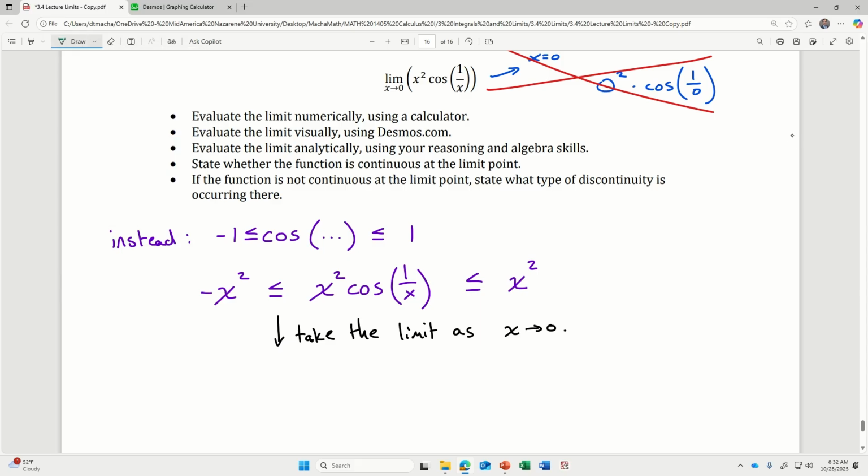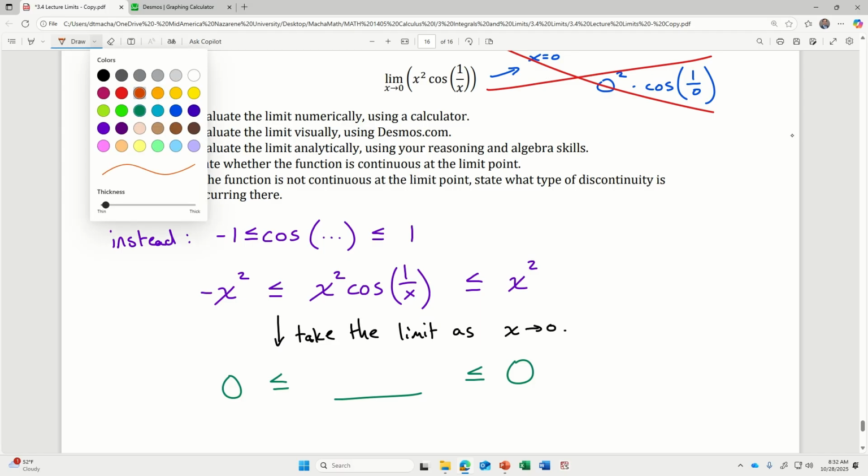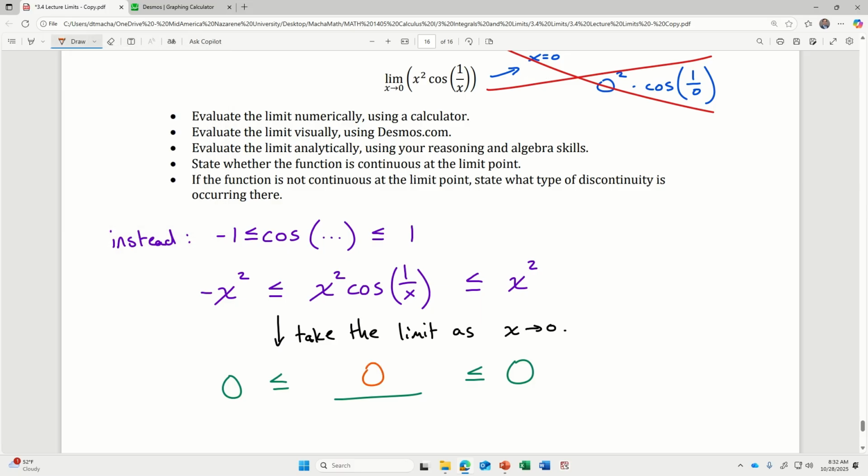And the limit of negative x squared as x approaches 0 is 0. What's the limit of x squared as x approaches 0? 0. So using the squeeze theorem, what's the limit of x squared cosine 1 over x as x approaches 0? The answer here has to be 0 because of the squeeze theorem.